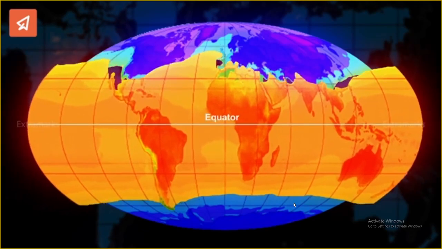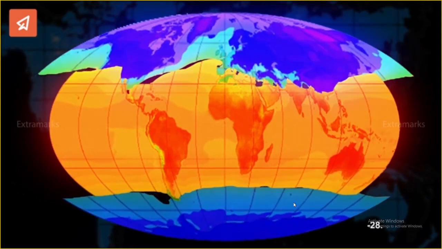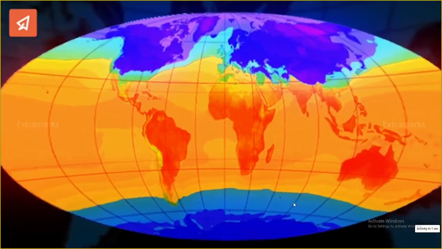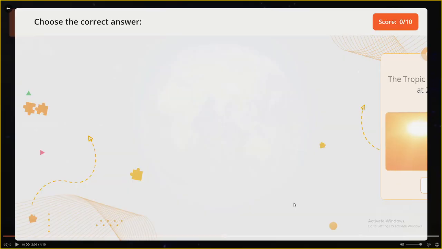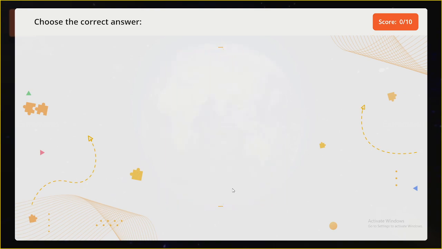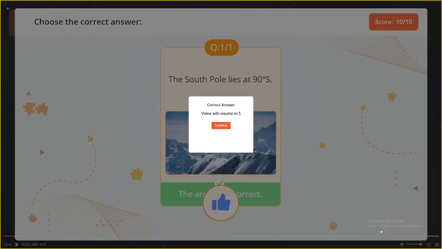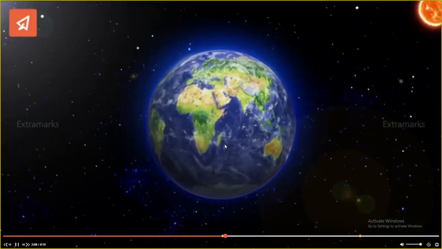Next to the equator, temperatures can range from 23 degrees Celsius to 31 degrees Celsius, while at the poles, they range from minus 28.2 degrees Celsius to 0 degrees Celsius. Let us explore these zones further.